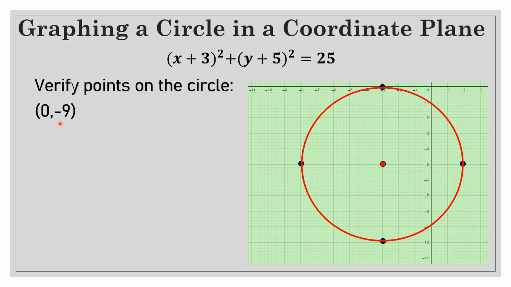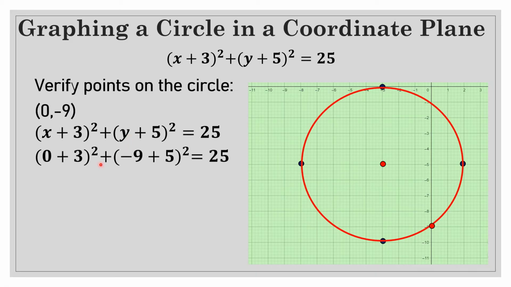Una, yung (0, -9). I-verify natin yung (0, -9). Dapat, kapag sinubstitute natin yung 0 tsaka -9 sa x and y, kailangan magiging equal to 25 siya. So, substitute mo yung 0 sa x, -9 sa y. So, we have (0 + 3)² + (-9 + 5)² = 25.